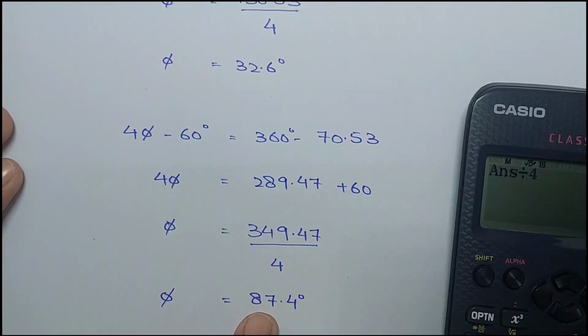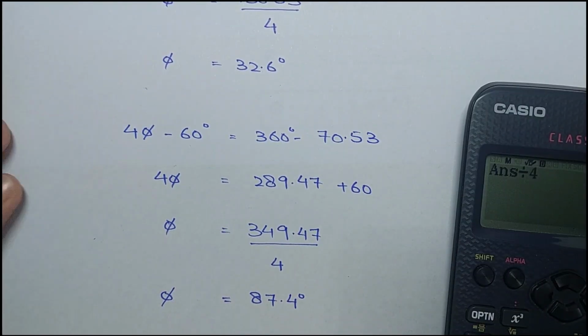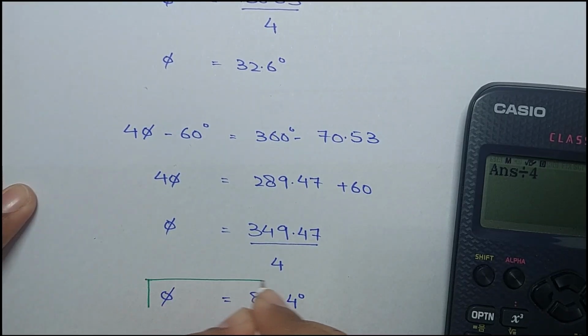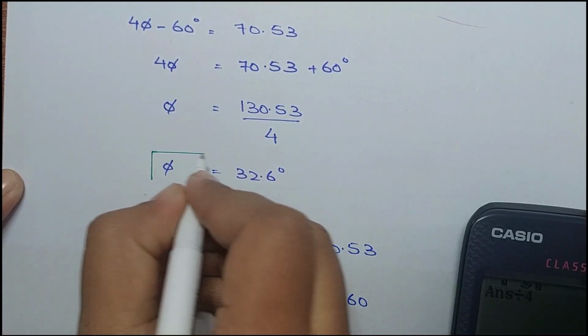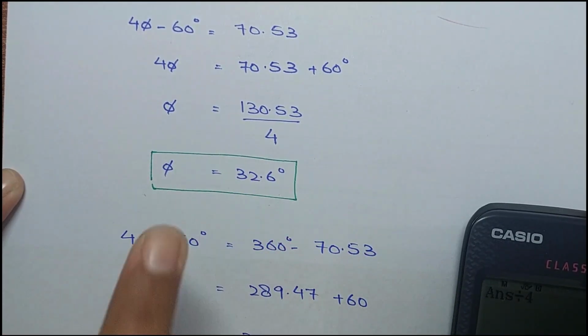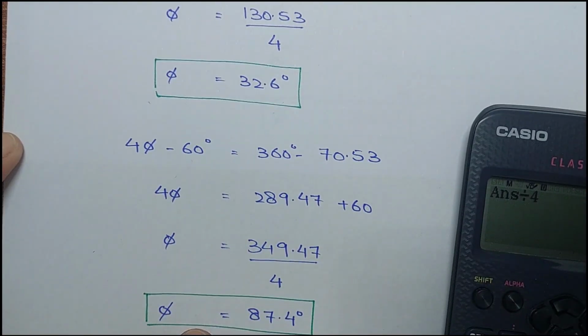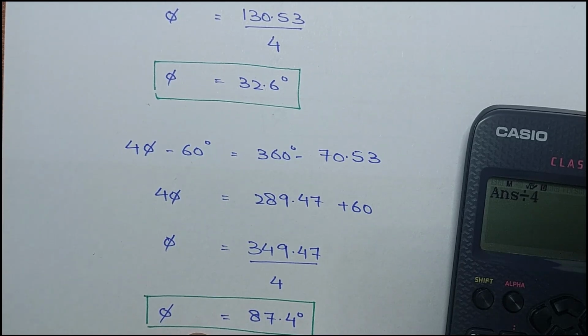This value is also in the range from 0 to 90 degree, right? So these are the two solutions. Phi is 87.4 degree, and phi is 32.6 degrees, and both are in the range from 0 to 90 degree.